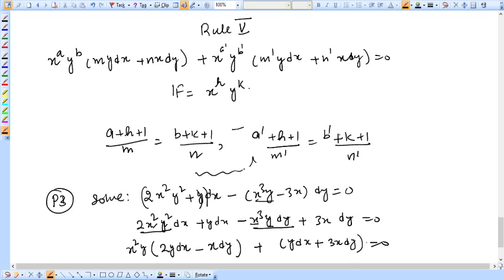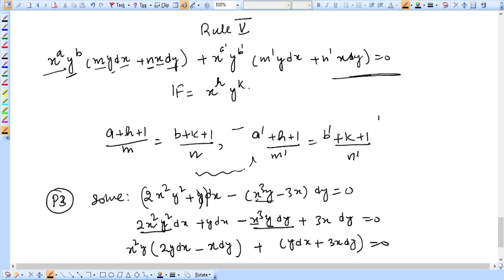Now you can compare this with the form given in rule number 5. Instead of x^a we are having x², and in place of y^b we are having y, and in place of M we have 2 y dx, and in place of N we have minus x dy.